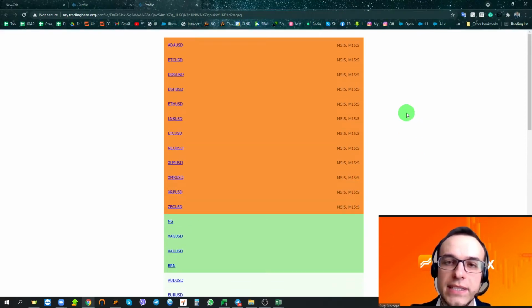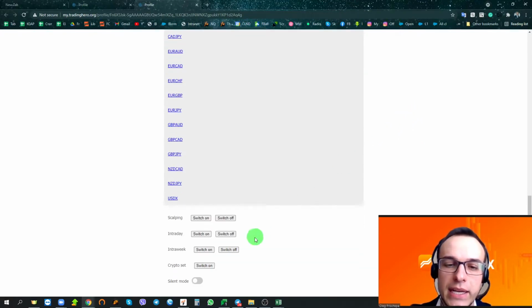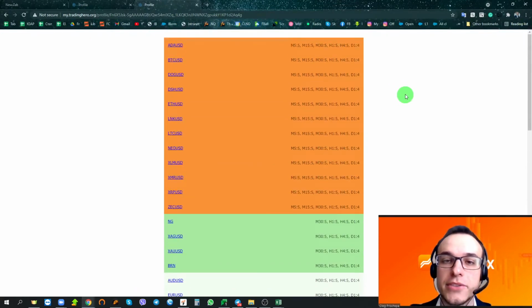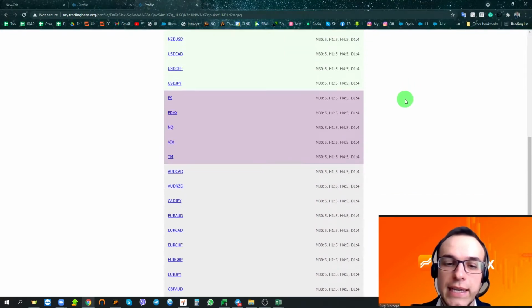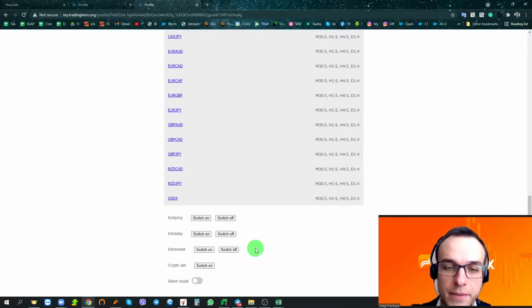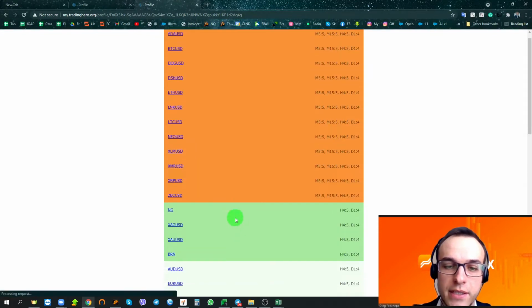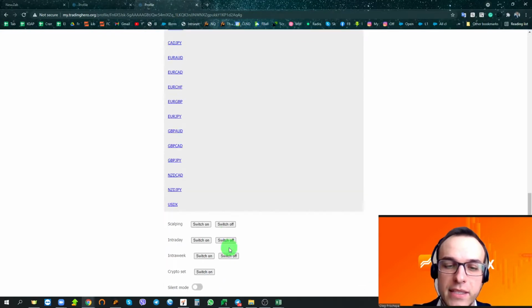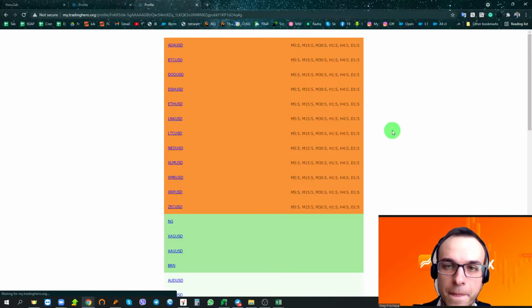When you enter this bot, you will see all of the signals with all of the groups of assets enabled, but to disable them you should do the following. First of all, scroll your personal page to the bottom and switch off intraday, switch off intraweek, and then switch on cryptoset.